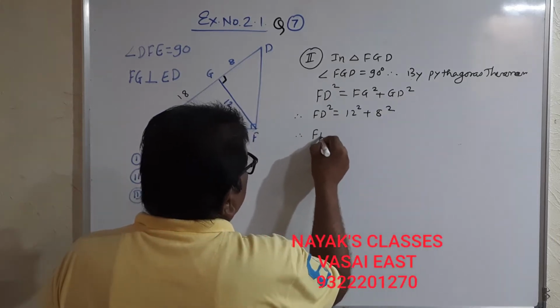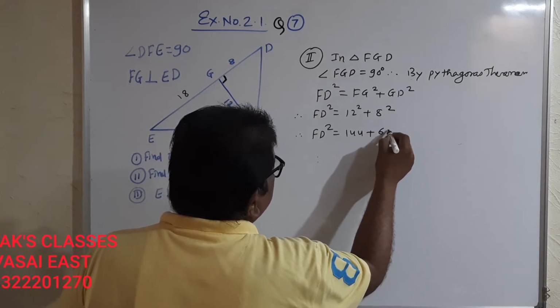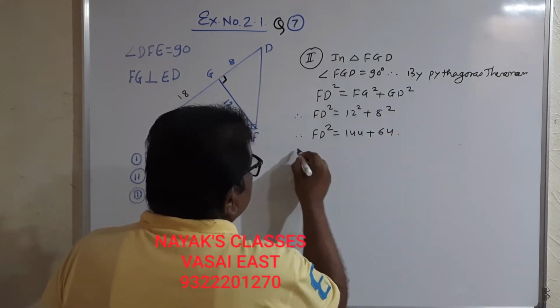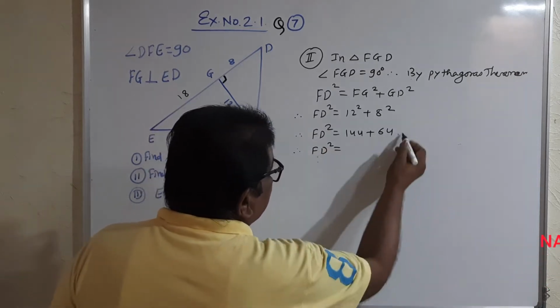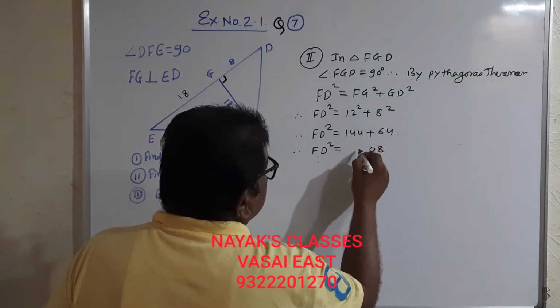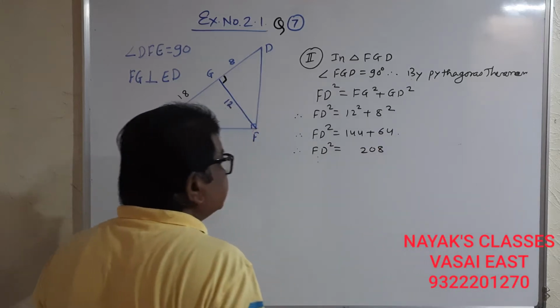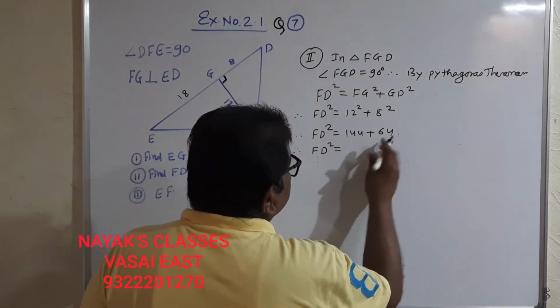Therefore, FD square is equal to 144 plus 64.